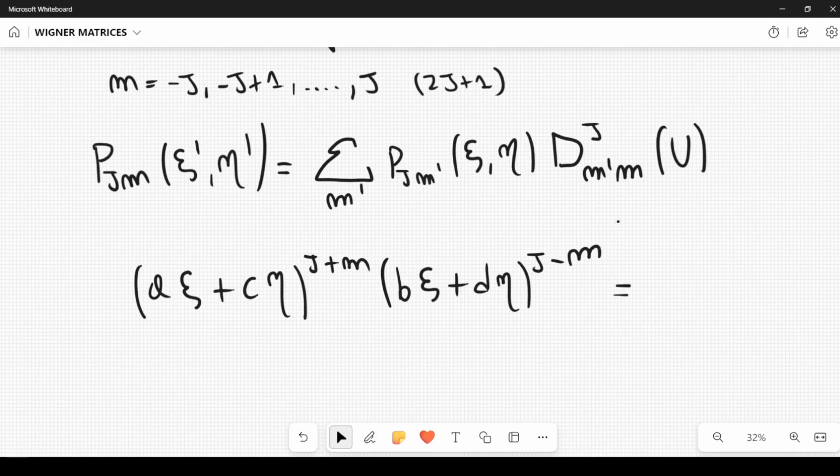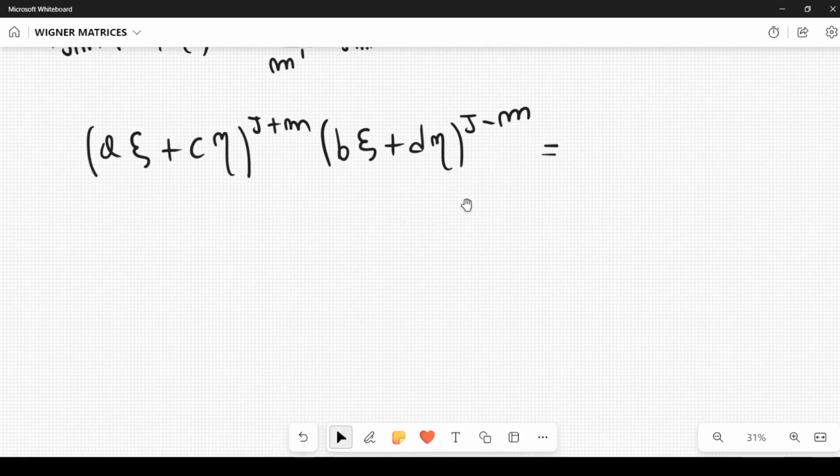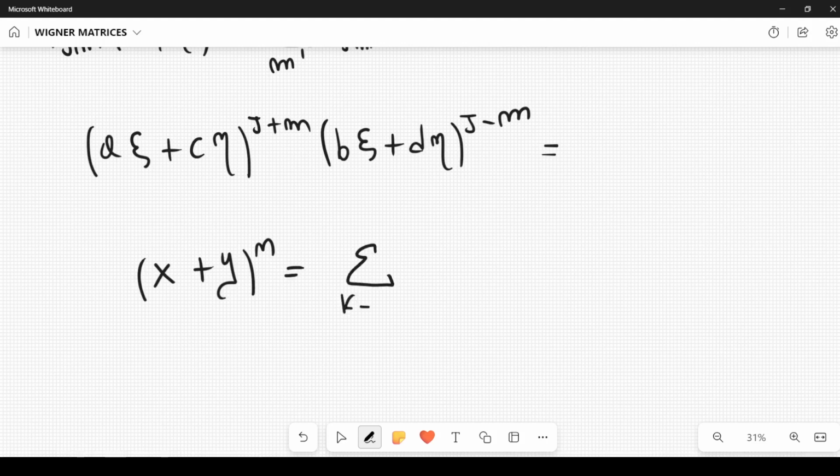Now, I want to use a formula, which is a well-known formula. In particular, it's the binomial theorem. Basically, I have, for example, x plus y to the power n. We can write it as summation over k equal to 0 to n, x to the power n minus k, y to the power k, and n choose k.